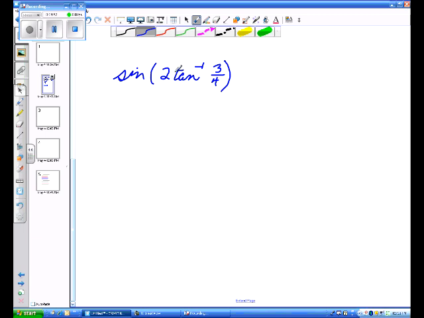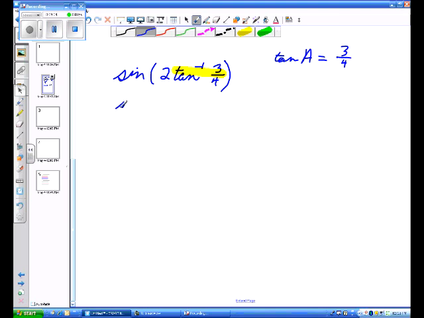So again, this part is simply an angle. Another way we could have that written is the tangent of some angle is equal to 3/4. We're trying to find out what that angle is. Remember, the way that we would write that then is the inverse tangent of 3/4 equals A.